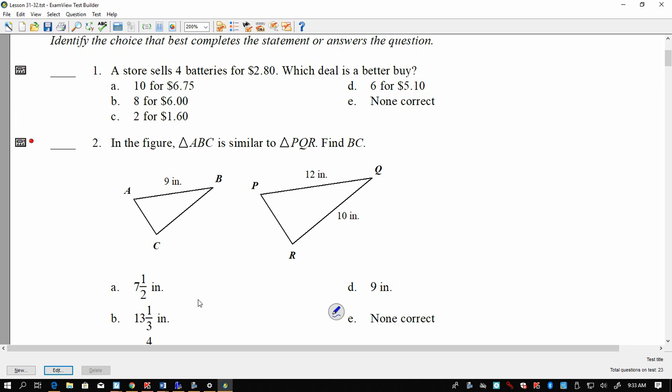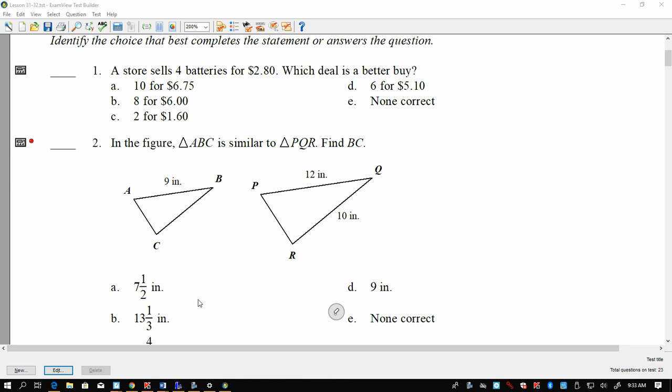So 70 cents per battery. I can't actually write on my board, so it's a little frustrating. Video-wise, you're just going to have to follow the voice. So I'm going to write 70 cents on the dry erase board. Our original is 70 cents per battery.